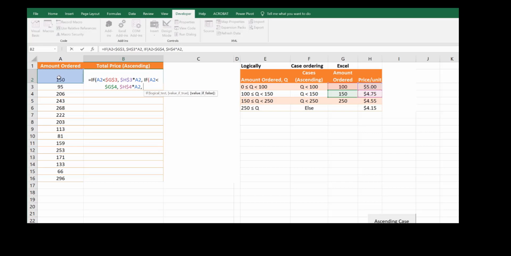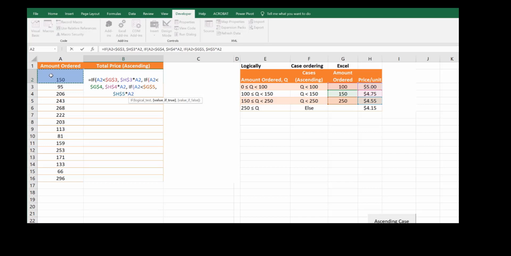Else, if it's not less than 150, we need to check if the amount ordered in A2 is less than our next threshold, which is 250 in G5, which needs to be locked. Then we're going to charge 455, or what's in H5, which needs to be locked, times the amount ordered.